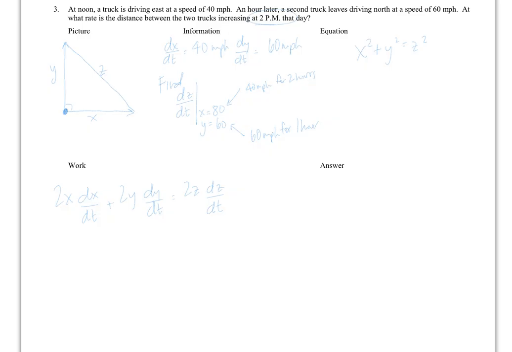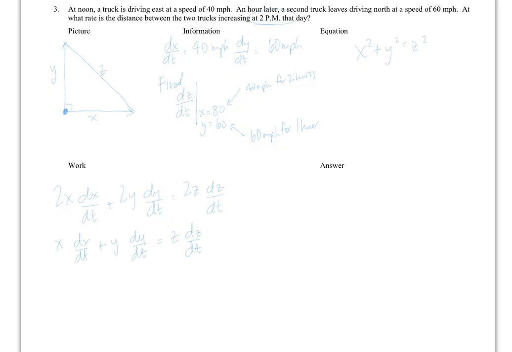Now to make life easier for myself and for you, I'm going to reduce that entire equation, meaning I'm going to divide every term by 2 so that I only have to deal with x dx/dt plus y dy/dt equals z dz/dt.